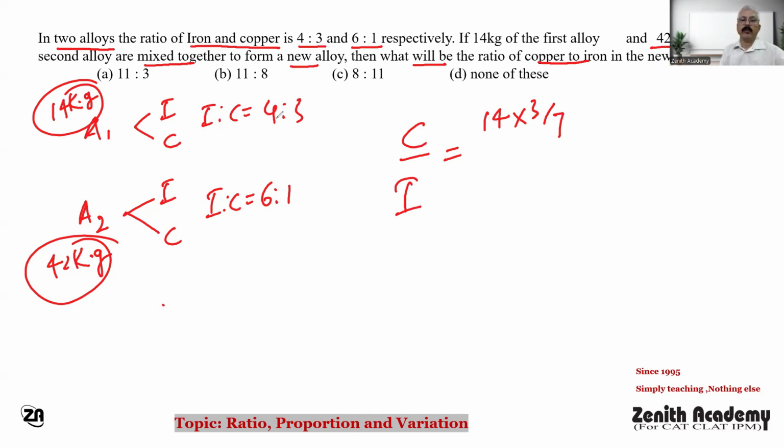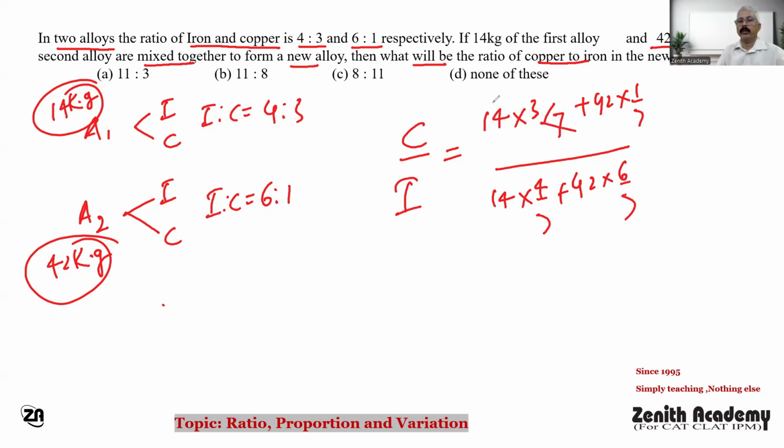So here the copper will be 3 upon the sum of the ratio, 3/7 of the 14, plus here the copper will be 42 into 1/7, over iron: 14 into 4/7, and here it is 42 into 6/7.